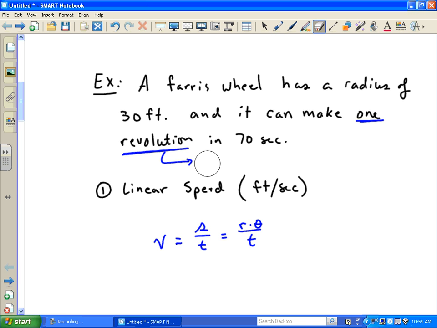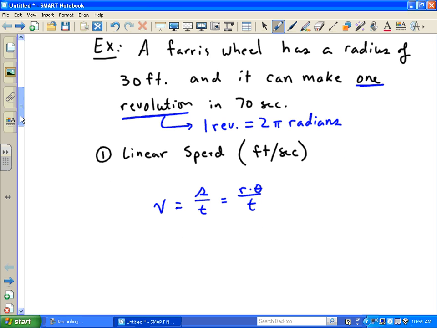So on here, I'm going to write down 1 revolution is equal to 2 pi radians. And so they actually have given me the angle measure. So let's go down here and let's fill in what we know to find the linear speed. R was 30 feet, and I'll go ahead and put the units with this. Theta is 2 pi. Okay, if theta is in radians, I won't put the unit measure with it. If it is in something different, I will put the unit measure with it.